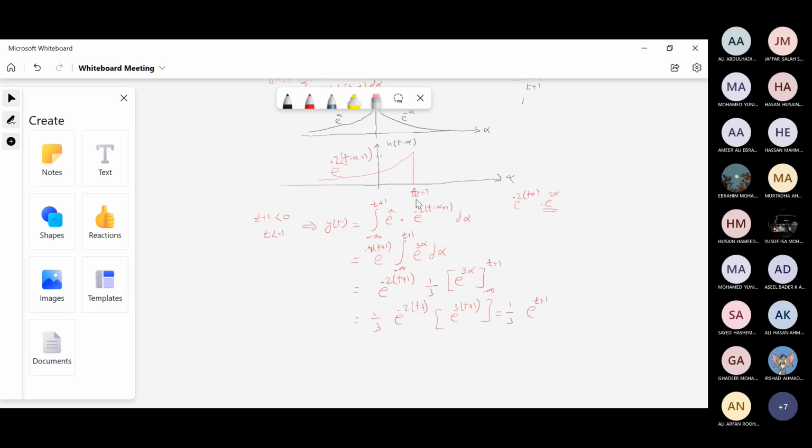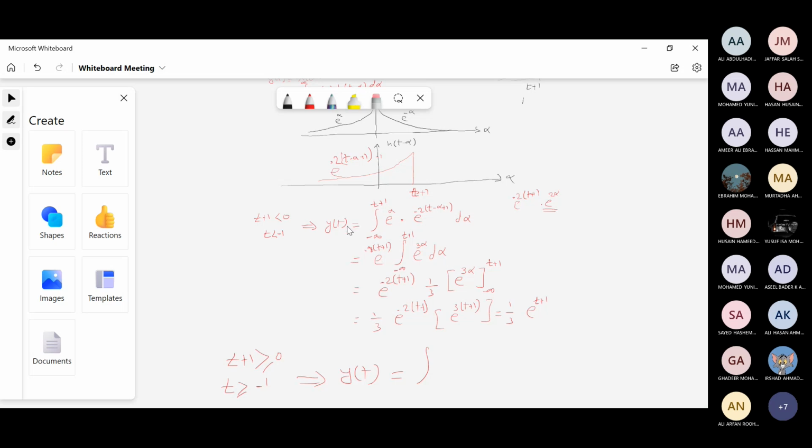Now, if t plus 1 is greater than 0, which means that t is greater than or equal to minus 1, then what is y of t? It is equal to?